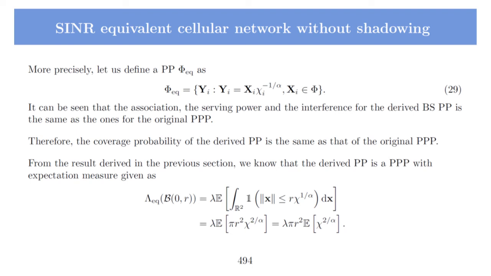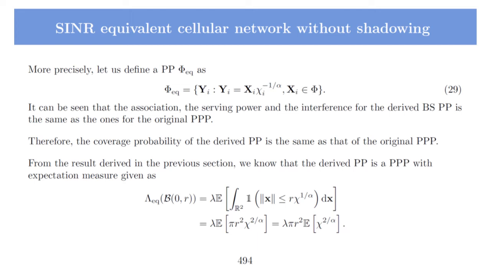Okay, so let's define a new point process phi equivalent, which is the base station process, from the construction from Xi. Each location Yi is connected to the location Xi by the following relation: Yi is equal to psi i to the power minus 1 upon alpha into Xi, where Xi belongs to phi. This is the same as the previous case.